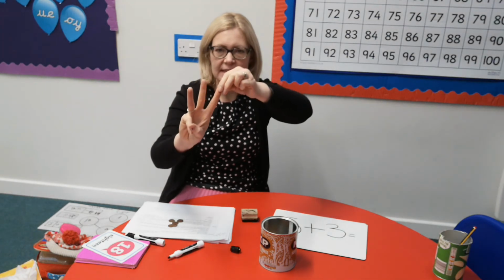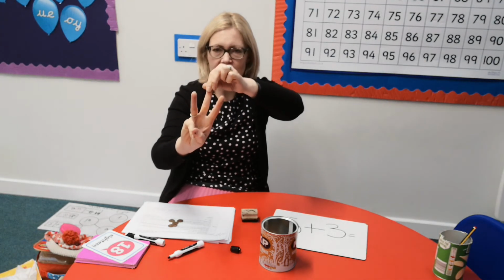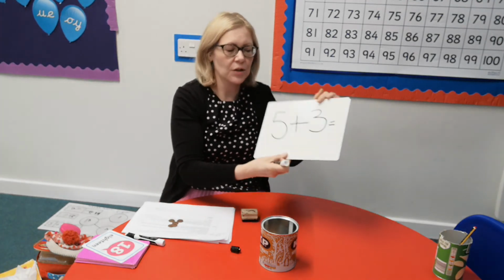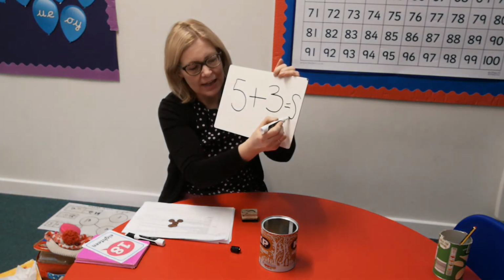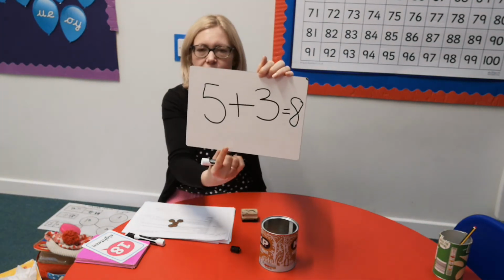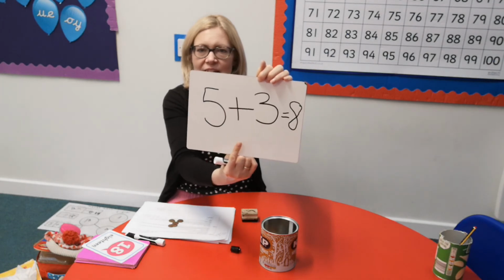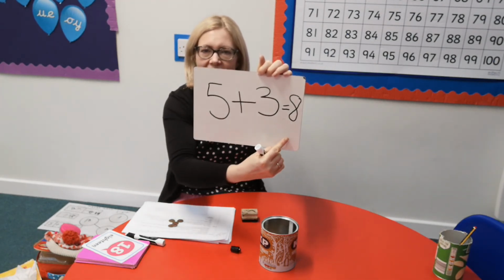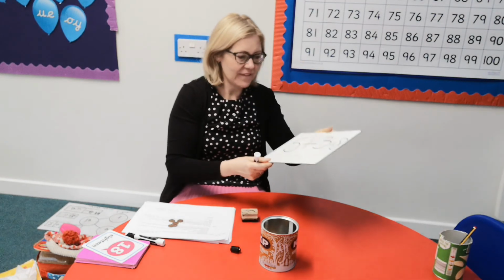So 5, 6, 7, 8. There are 8 coins in the tin all together. So I know that 5 coins, add 3 more coins, all together makes 8 coins.